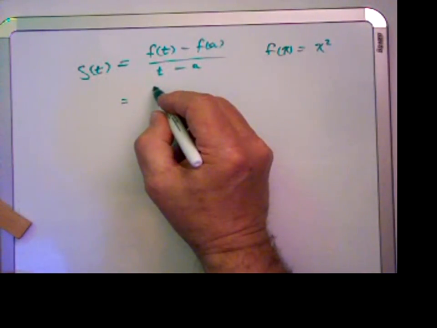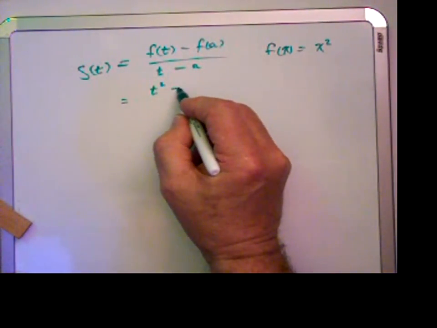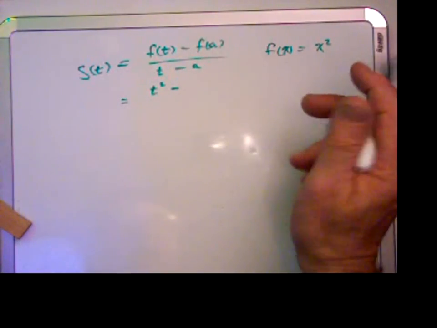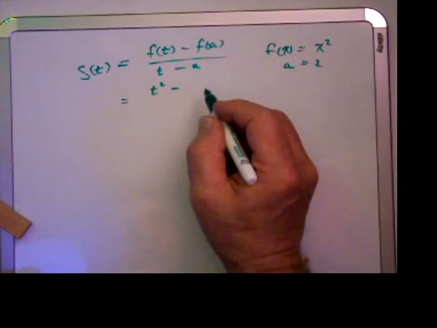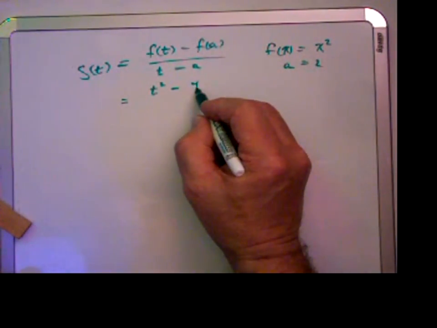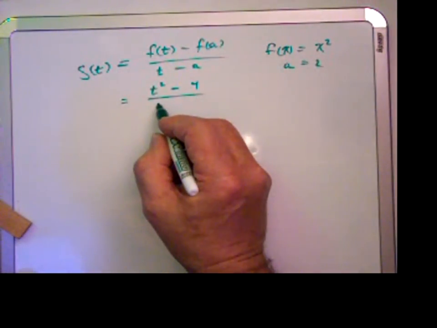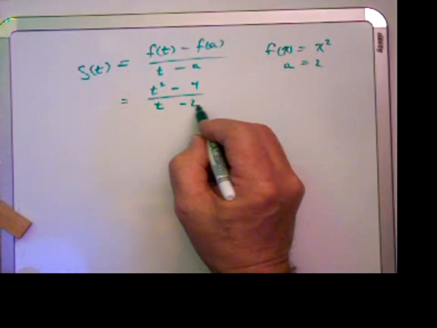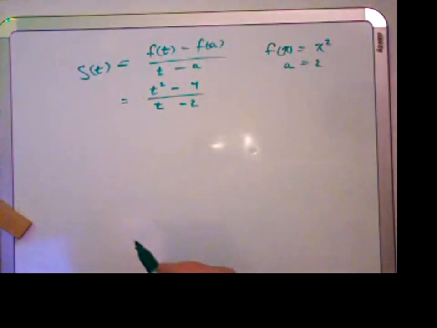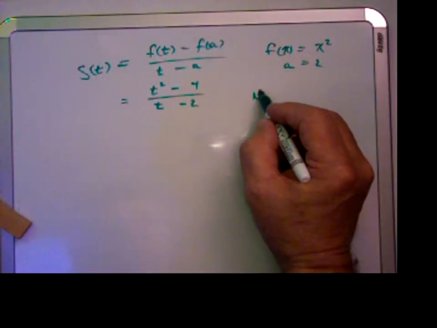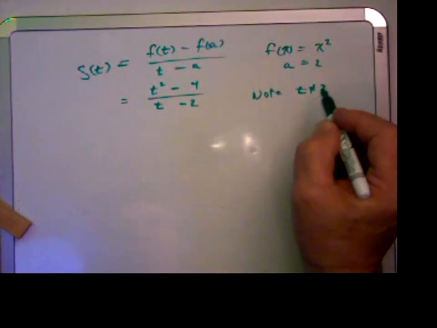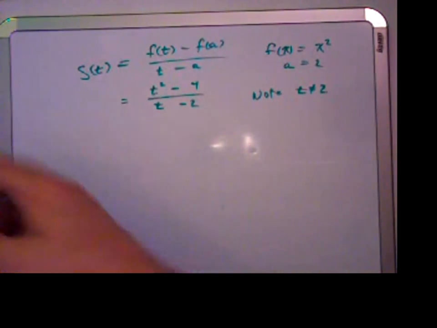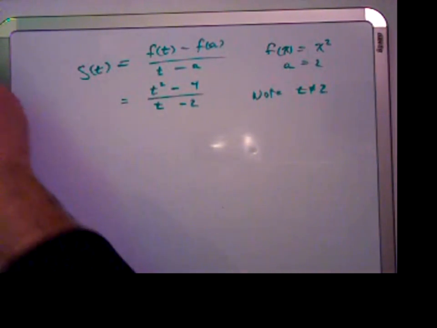Rookie mistake. t squared minus, what's f of a? a is 2, so a squared is 4, divided by t minus 2. Note, it's very important, t is not equal to 2. It's hard to draw a line between a point and itself, right?